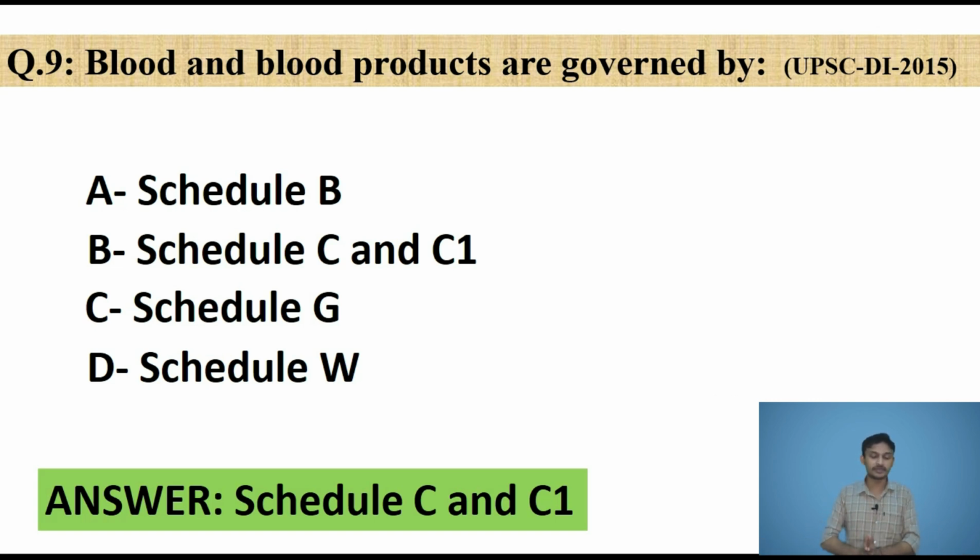What about Schedule B? Schedule B relates to the rate of fees for test or analysis. Next one is Schedule G. Schedule G is the list of substances or drugs which should be used under medical supervision.